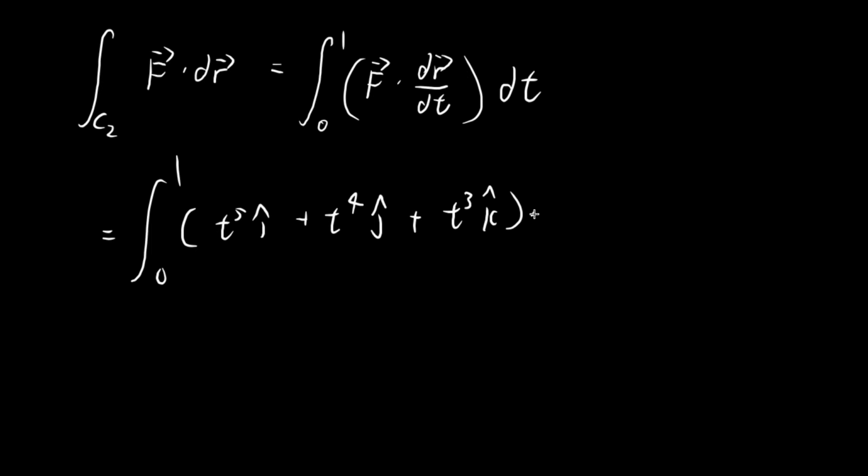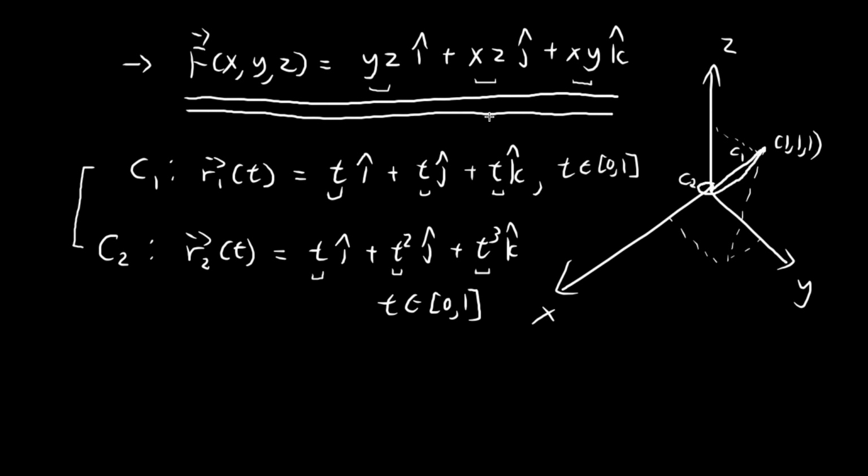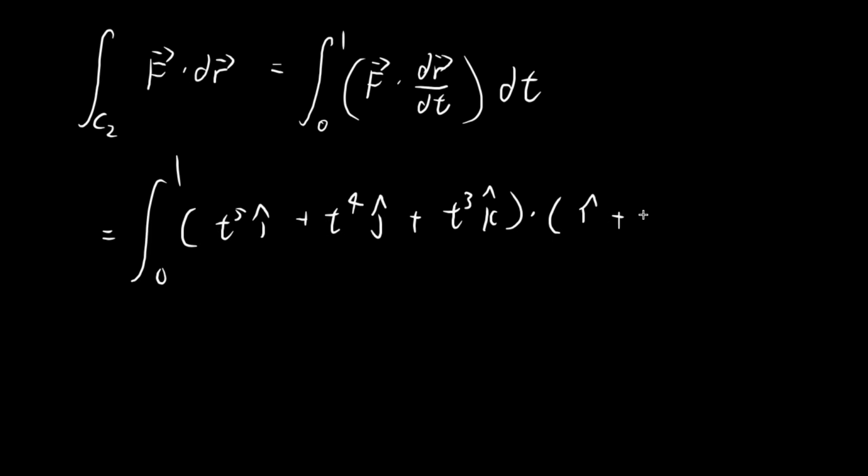Then we need to dot this with the derivative of the path with respect to t, so it just becomes i plus 2t j plus 3t squared k. And then we're integrating all this with respect to t. This dot product should be easy enough.